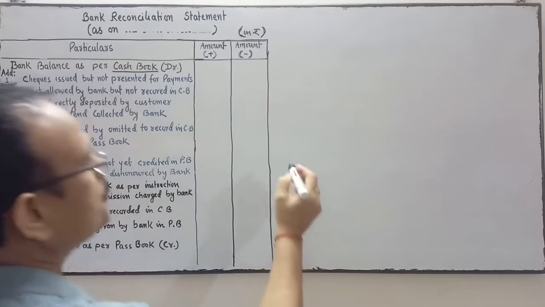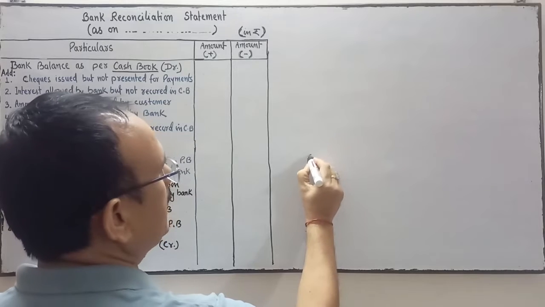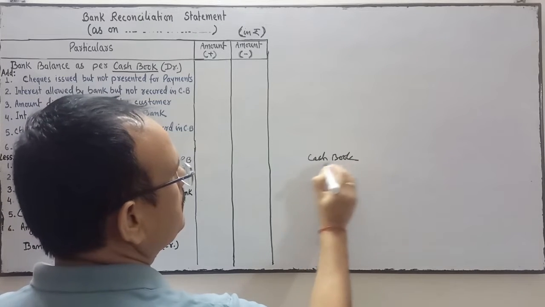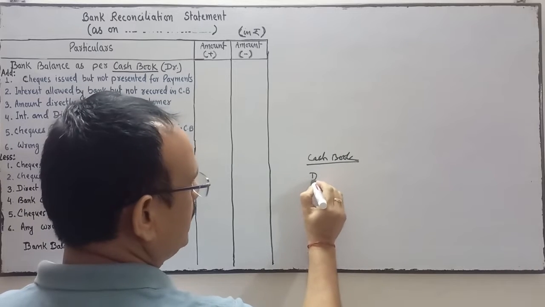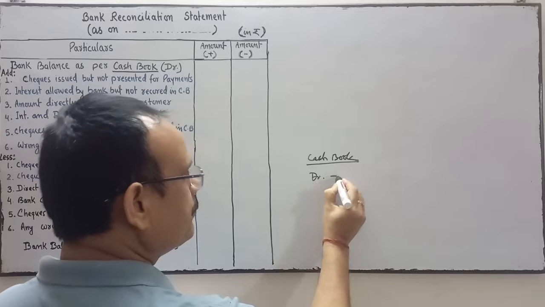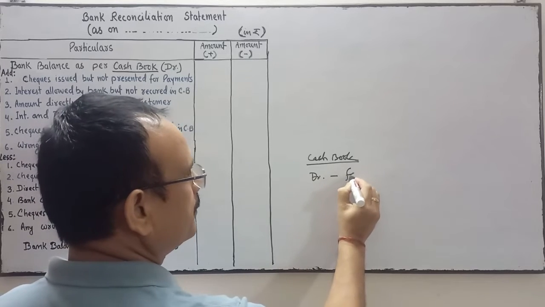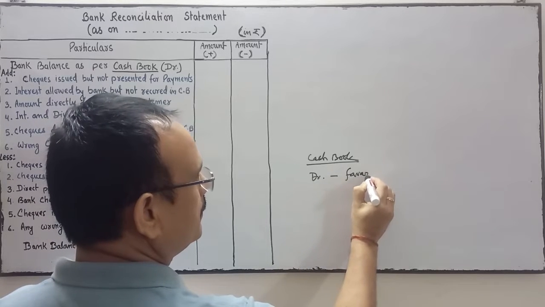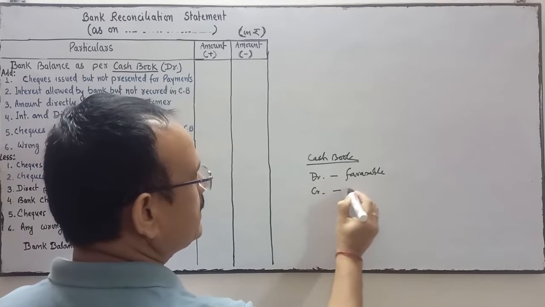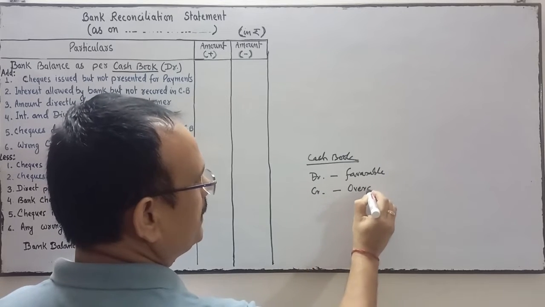So if the cash book balance is a debit balance, it means it's a favorable balance. And if it's a credit balance, then it's an overdraft balance.